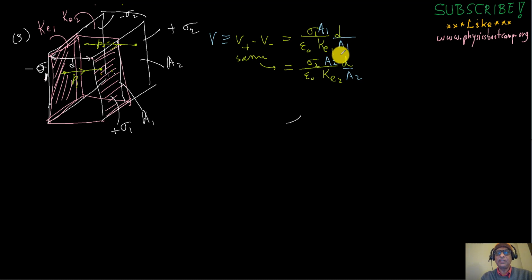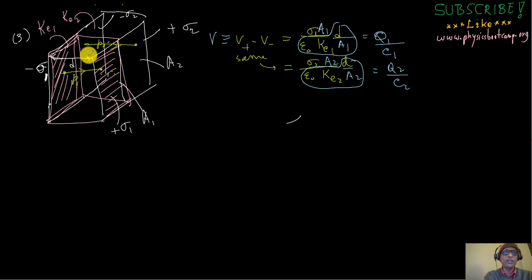So you can see that this is, I'm going to call it Q1, the charge on this side, over C1, and this whole thing I can do the same way, and you can see that's some C1 as if it was just by itself. So Q2 over C2. But the total charge on this whole plate versus the other plate is Q1 plus Q2.